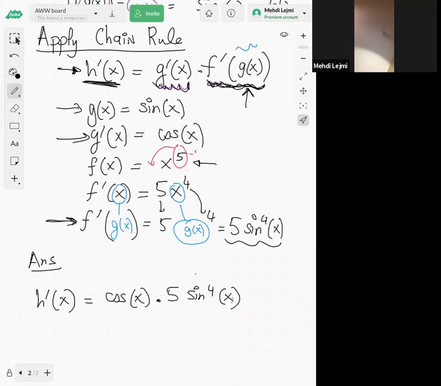Another way to write the answer would be 5 cosine of x sine to the power 4 of x. I just wanted to put the constant 5 first. So that's the final answer.